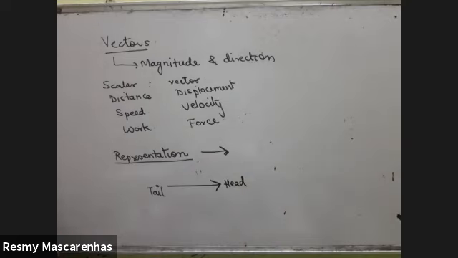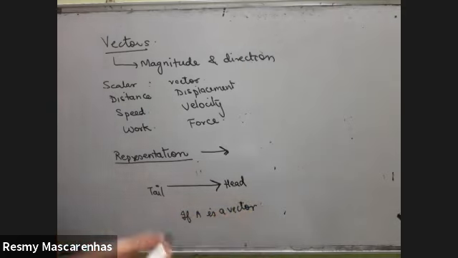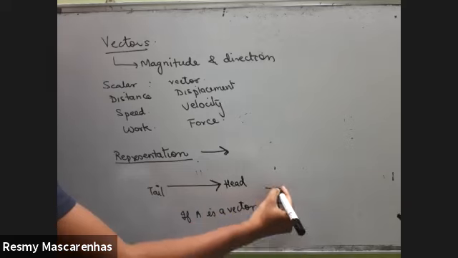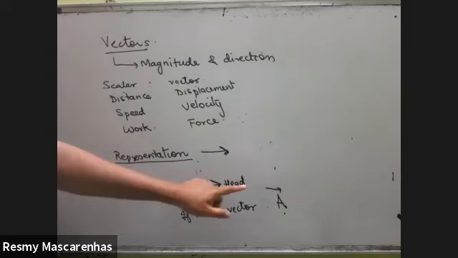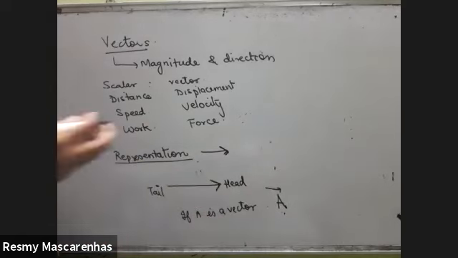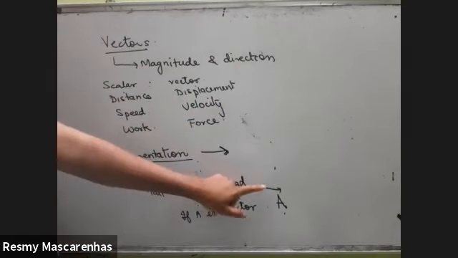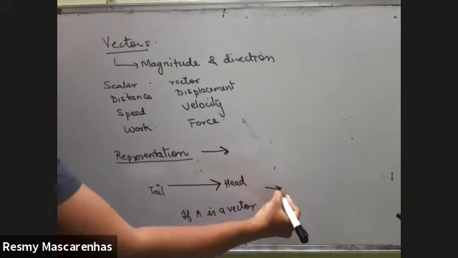Now suppose I say E is a vector, then how do I represent it? Like this. Sometimes they normally put a bar also. They don't put this arrow, but mostly in this chapter we'll use this. In mathematics it is not required. But in physics, since we are learning the direction specifically, we'll use the head and the tail part. We'll specify this arrow.